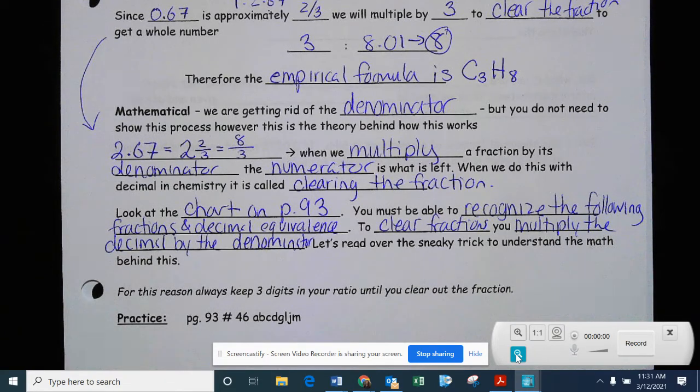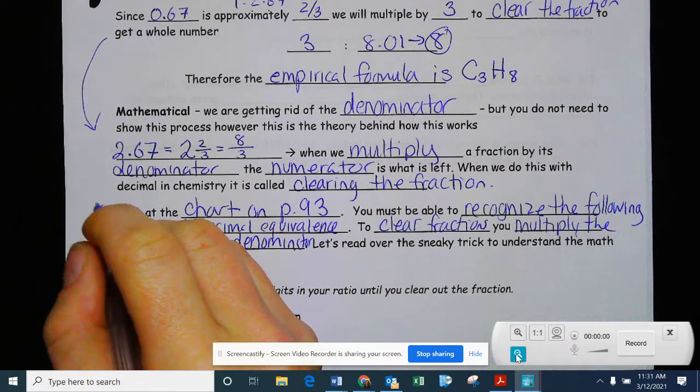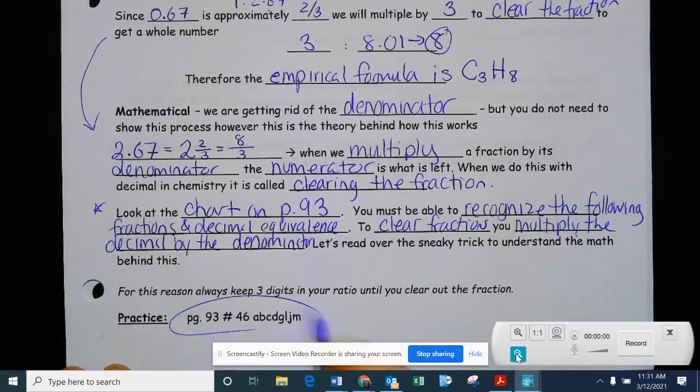So what I want you all to do over the weekend is look at this chart that's on page 93. Try this question. So page 46, A, B, C, D, G, L, J, M, and that worksheet that I handed out alongside these notes.